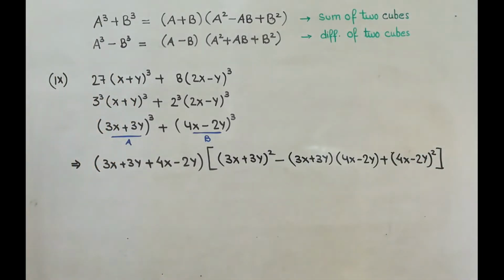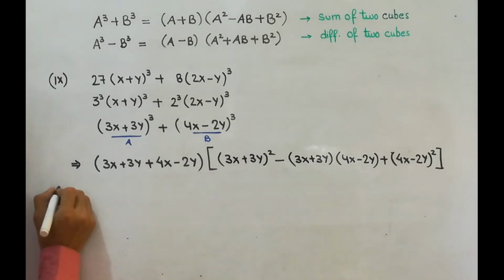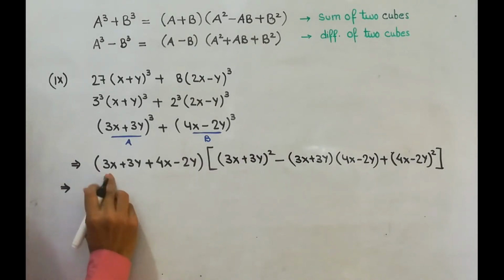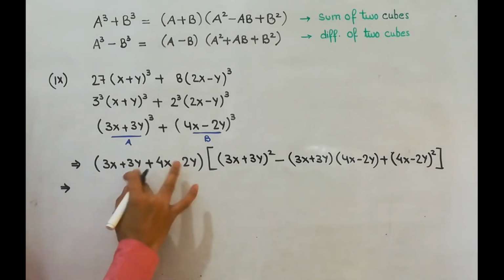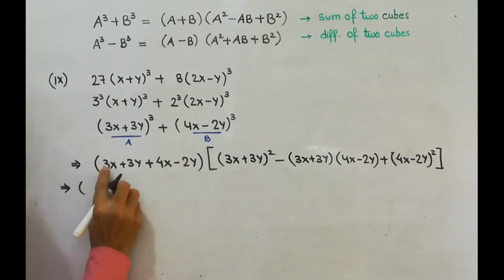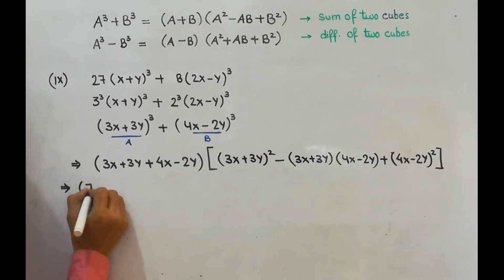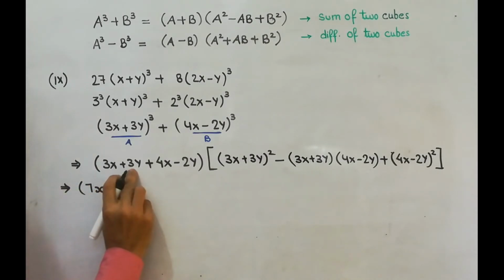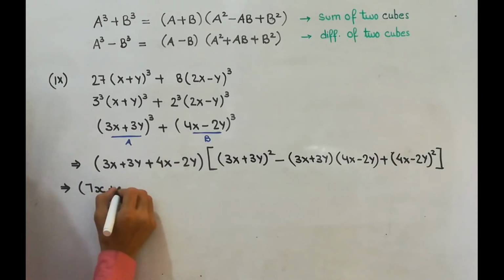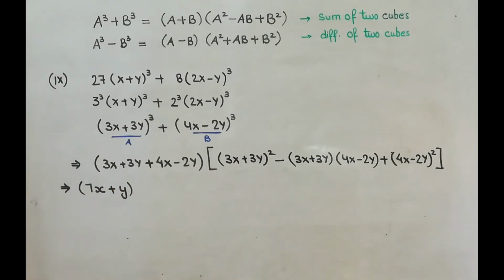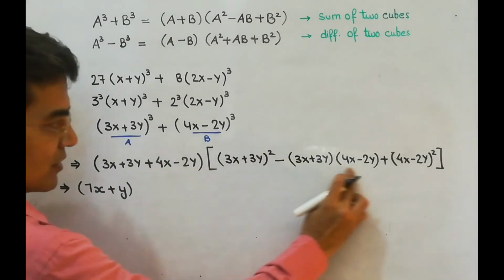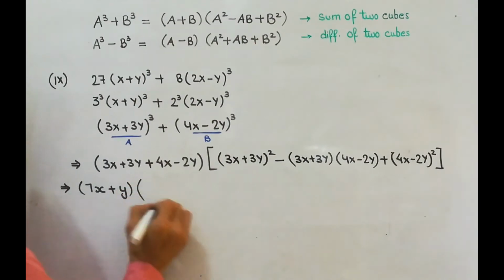So in this step, I have simply substituted the values in the formula of a cube plus b cube, and now we will solve it. Now in this we have two like terms here. So 3x plus 4x is 7x, and 3y minus 2y will give you y. This is the first bracket. Now let's open these brackets.